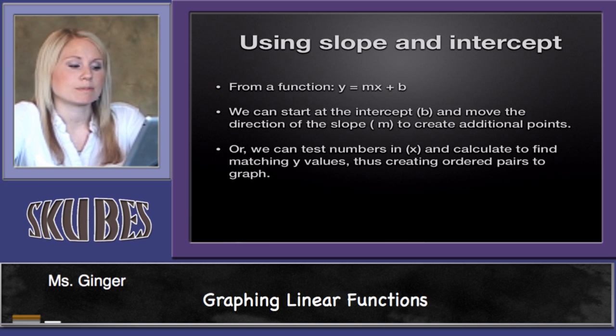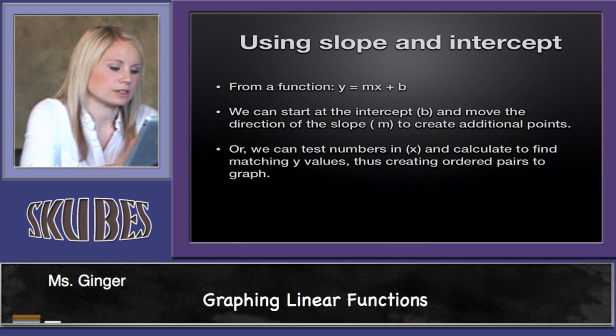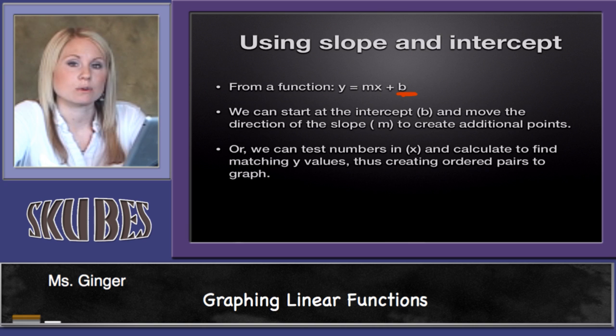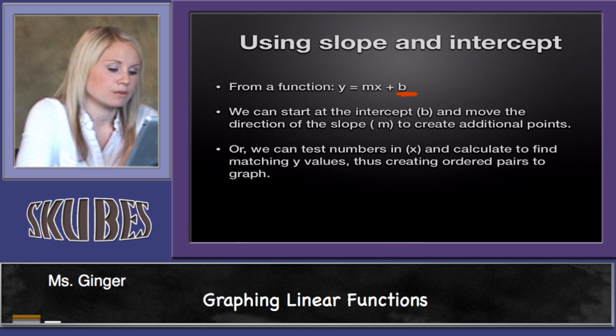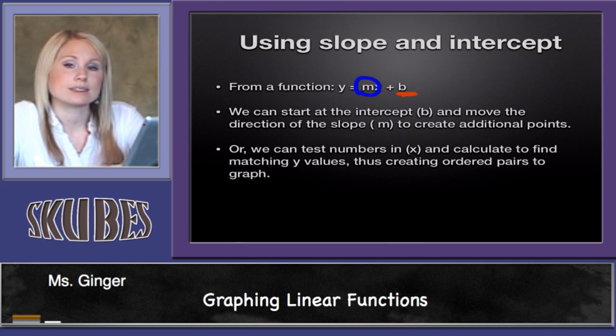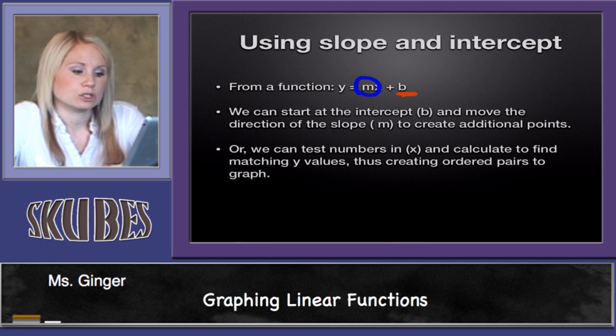Using the slope and intercept method, we're going to start with our intercept, B, they call that B, that's our y-intercept where it's crossing the y-axis, and then we're going to move in the direction of slope, whatever our slope tells us to do, and that's the M. So remember, start at intercept and then do your slope moves.